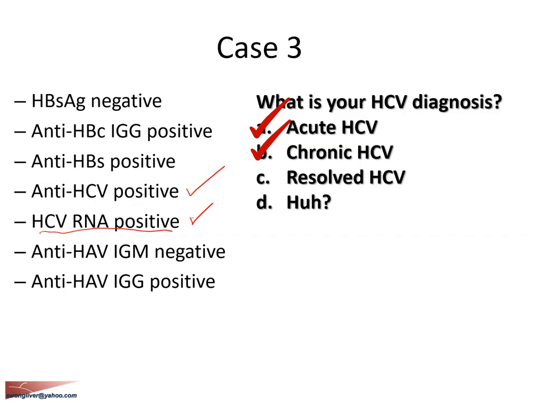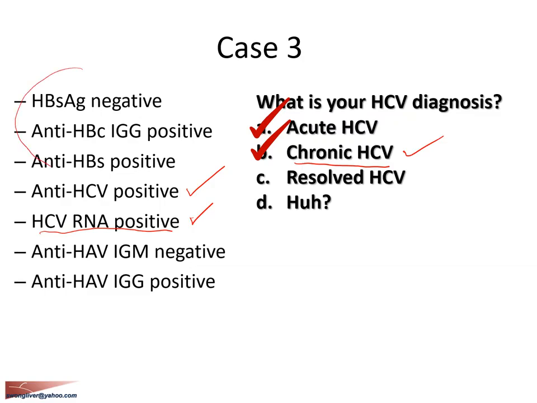But given the case, we will not know because we just have a snapshot in time of a patient who happens to have this serology. Okay, so we cannot really tell whether the patient has acute hep C or chronic hep C. But an educated guess is that the patient probably has chronic hep C, probably exposed to hepatitis C as an adult.